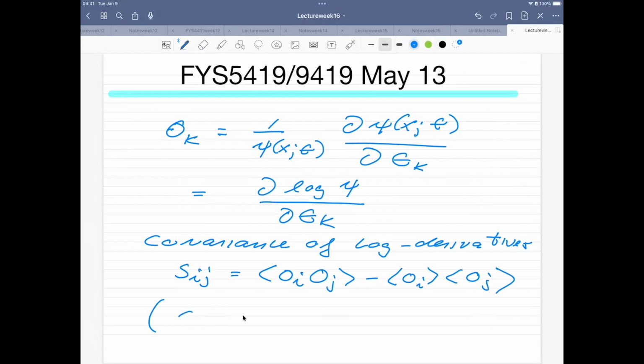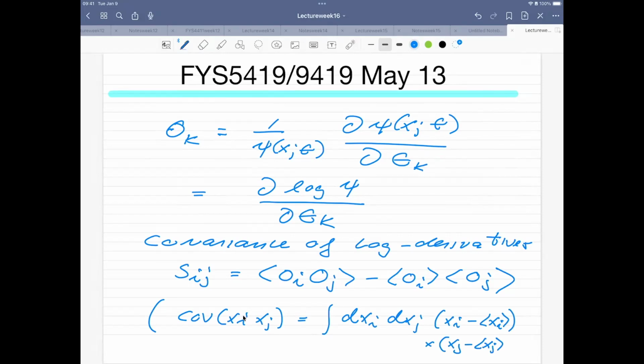Just to quickly remind you, the covariance of two variables, xi, xj, is given by the integral over dxi dxj of the probability of xi, xj, multiplied by xi minus the mean value of xi, and we're assuming now that we can have different mean values, multiplied with xj minus the mean value of xj.